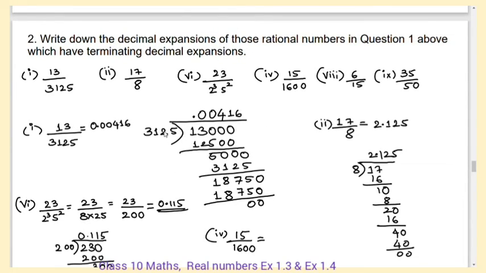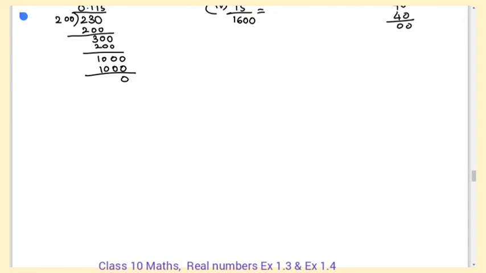Now next question, sixth one, 15 divided by 1600. So divide 15 with 1600. Take a decimal point, still the number does not divide, then again append zeros. 16 nines are 144, 2 zeros. The remainder you got is 600.